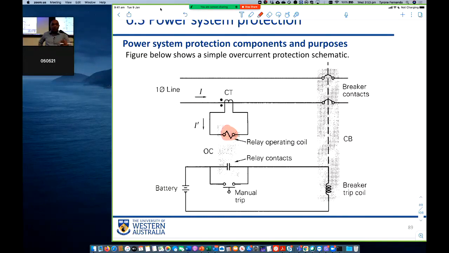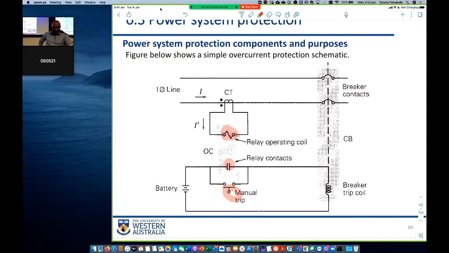When current flows through a coil, it will energize, and then it can close a contact, because when a coil is energized, it can create a force. Obviously we can manually close a switch as well, but here we close a switch electrically, by creating a force when the current flows through a coil.